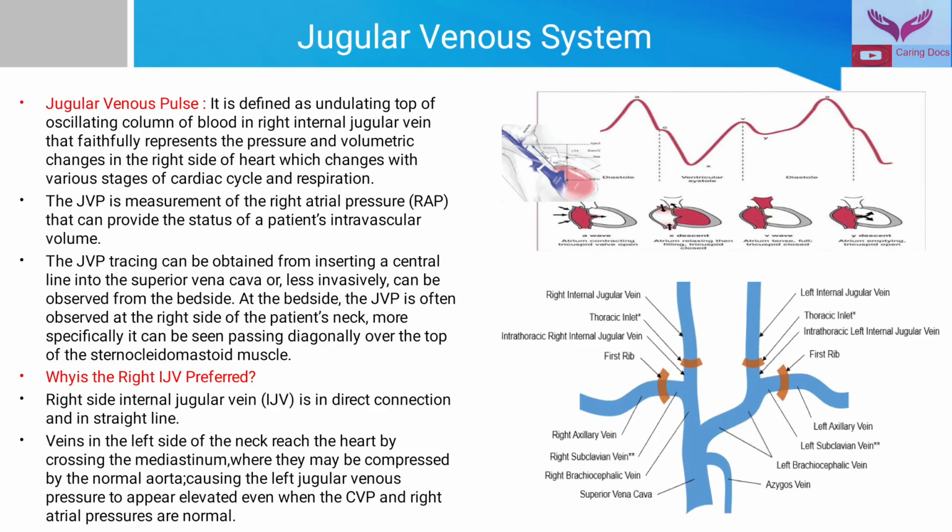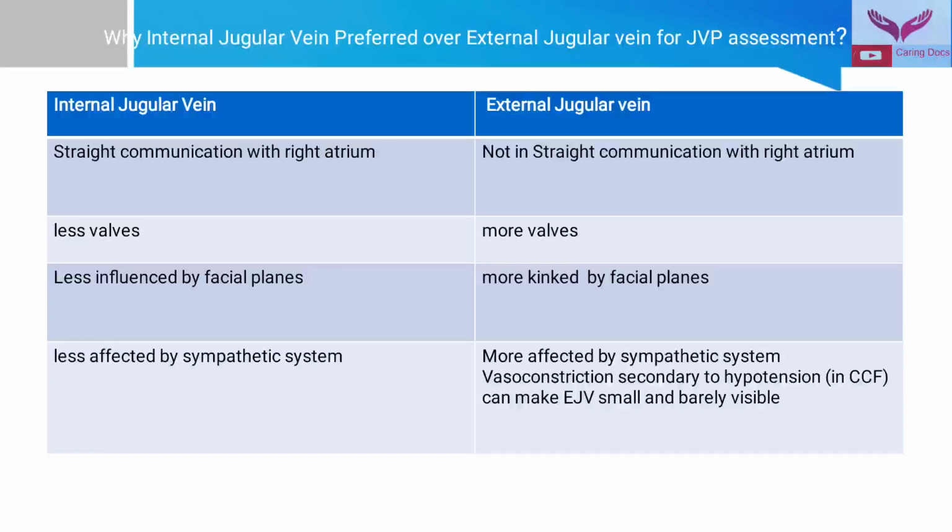We choose the right internal jugular vein because it is straight and in line with the right atrium. Among the internal jugular vein and the external jugular vein, we prefer the internal jugular vein because it is in straight communication with the right atrium, but the external jugular vein is not. Also, the internal jugular vein has fewer valves, whereas the external jugular vein has more valves.